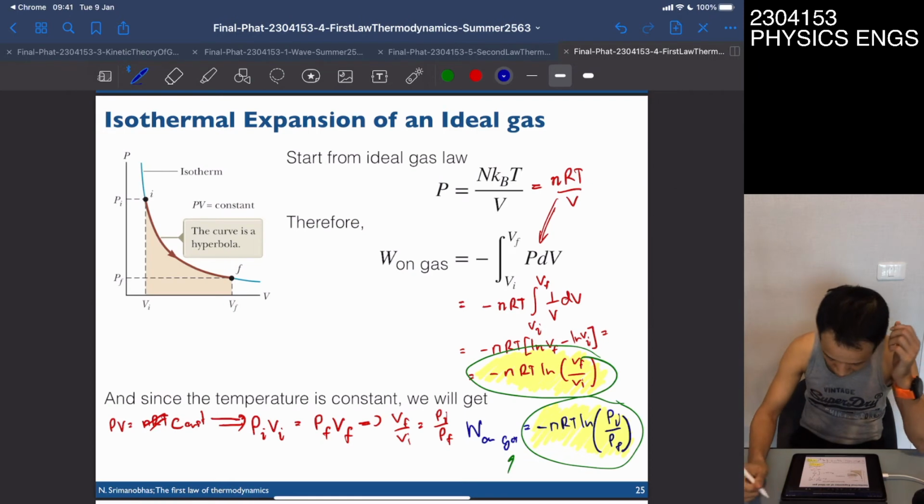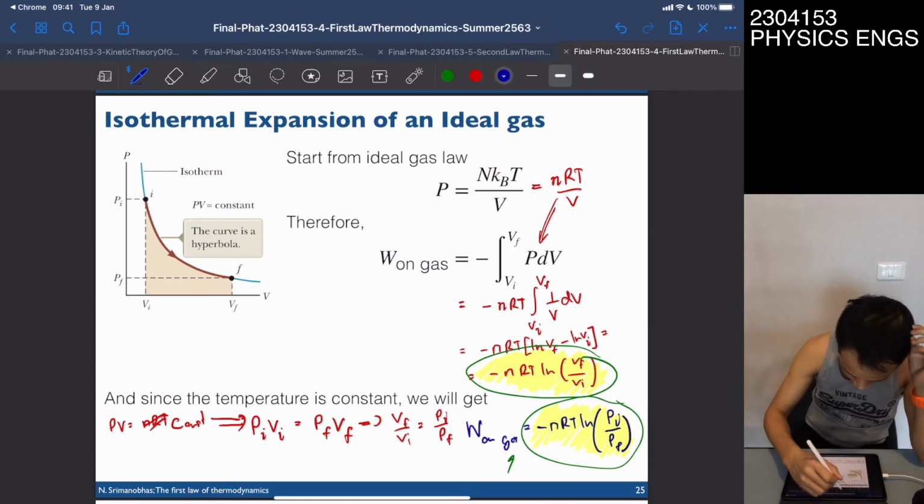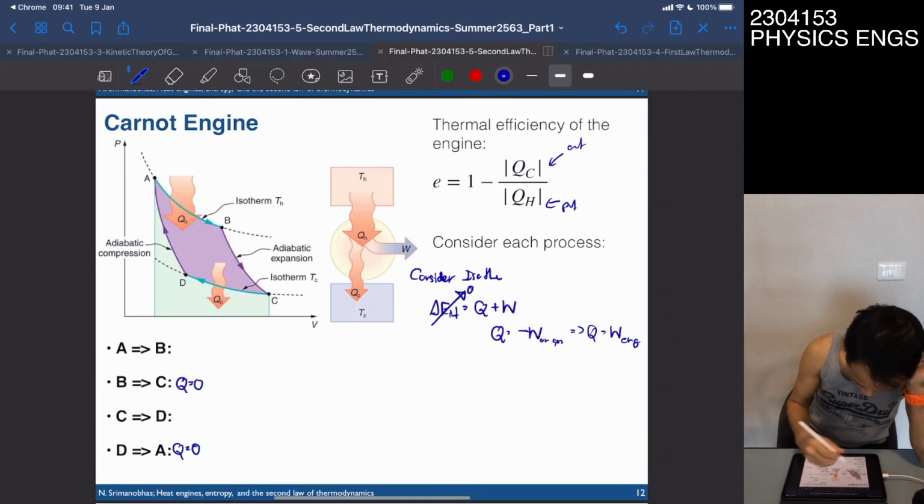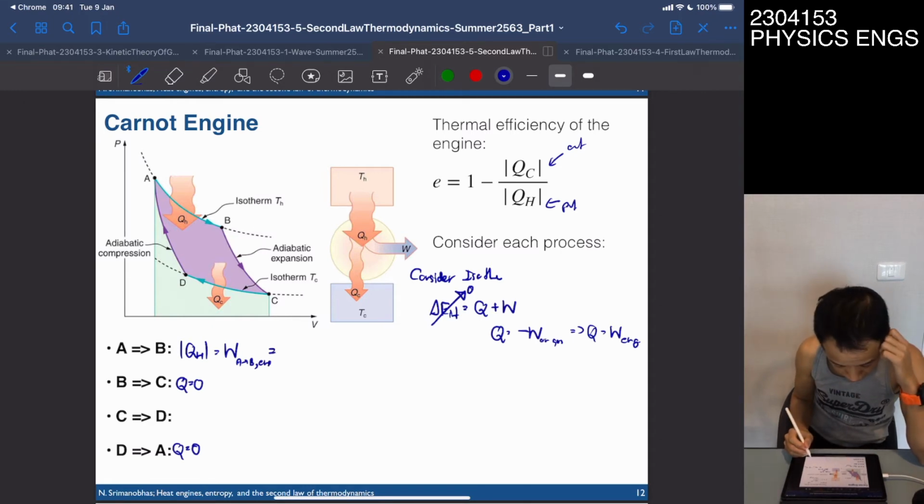From A to B, the work done is basically the QH. I will write it as Q hot because that's what we're talking about. It is equal to the work done from A to B by the engine.